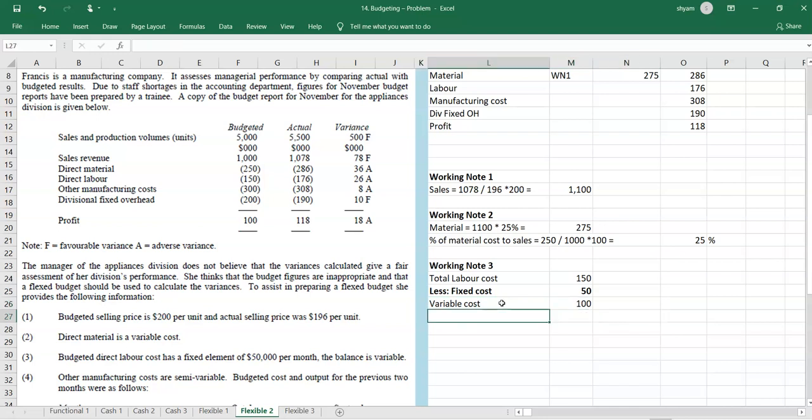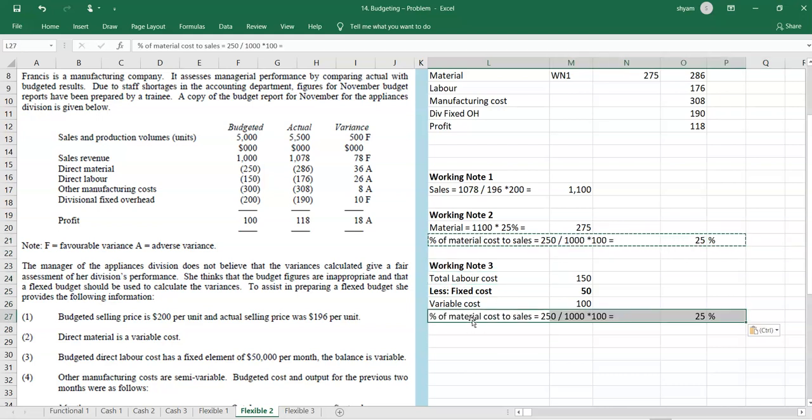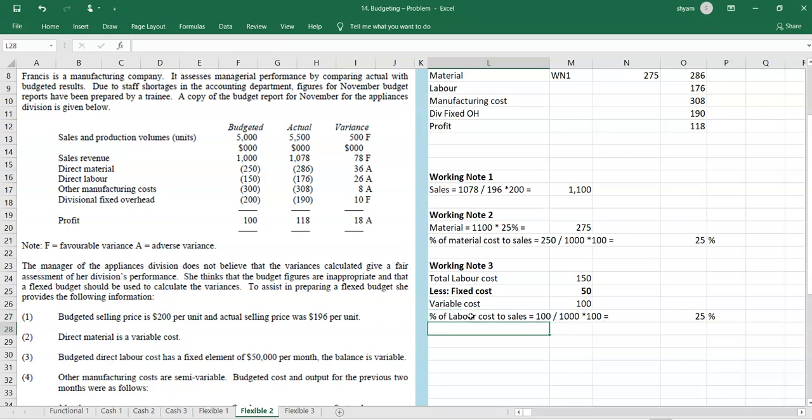Now we work out the percentage of labor cost to sales. It's 100 divided by 1000 into 100, which comes to 10%. So what would be the labor cost?